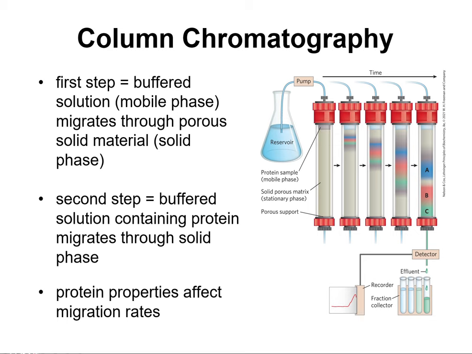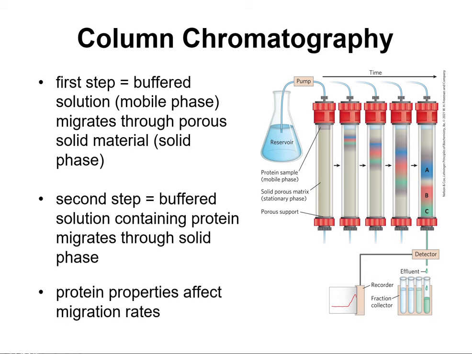So the next step is to take a buffered solution that has your protein and migrate that through the solid phase. Hopefully your protein will interact with the resin, or maybe it's the only thing that doesn't interact with the resin. That's also a possibility. The properties of your protein are going to affect the migration.